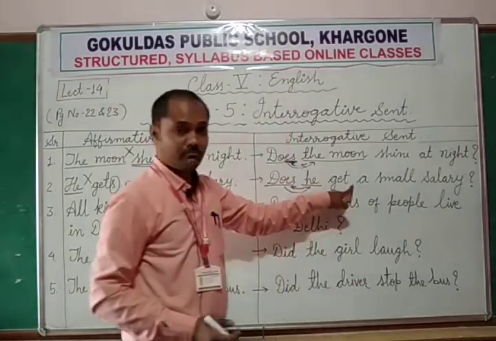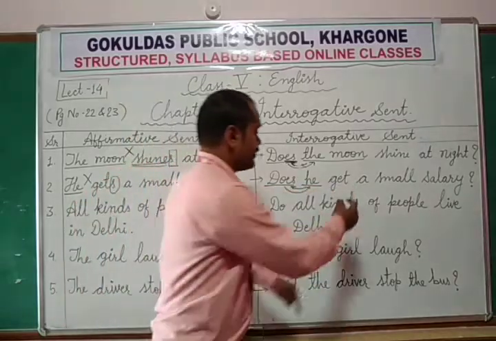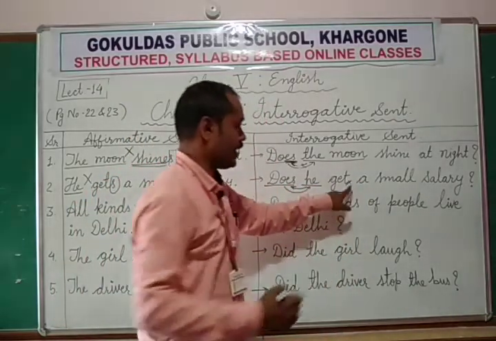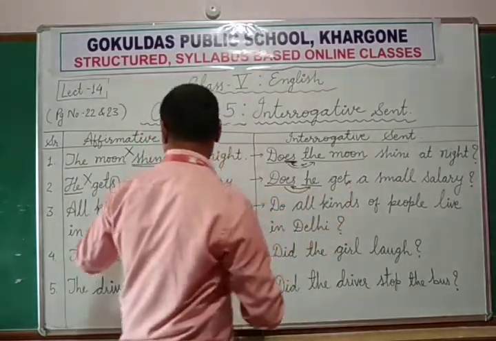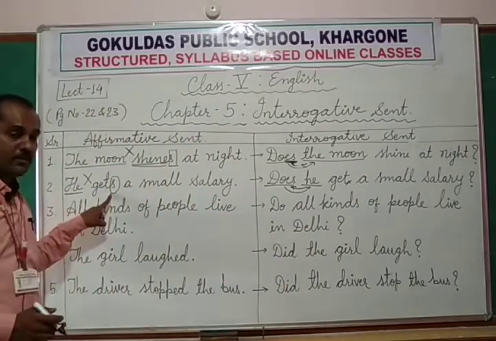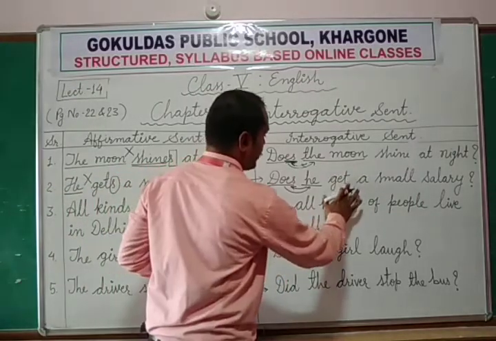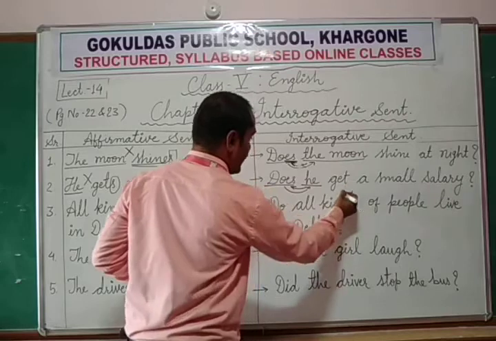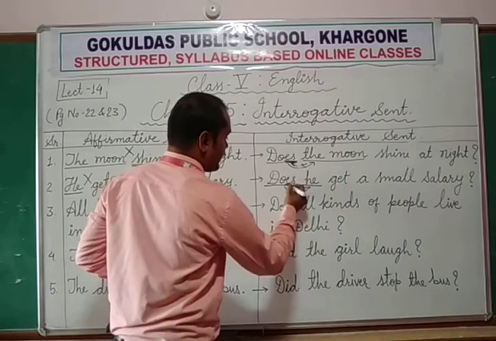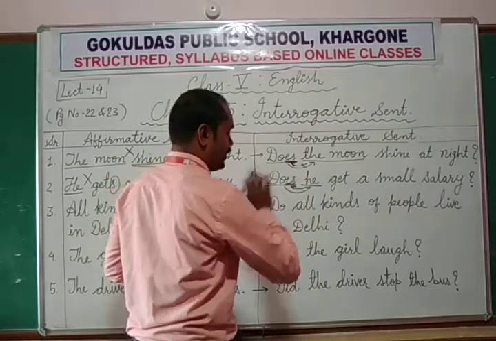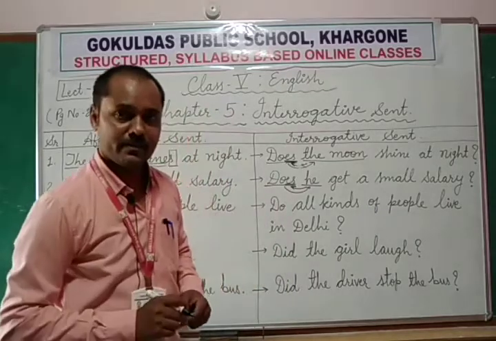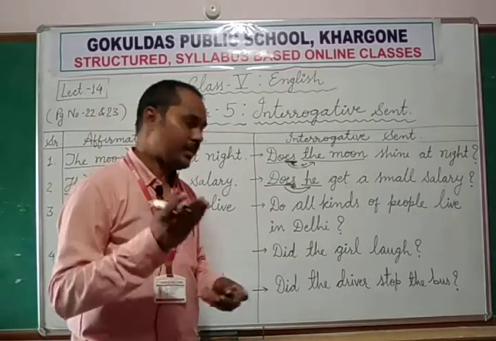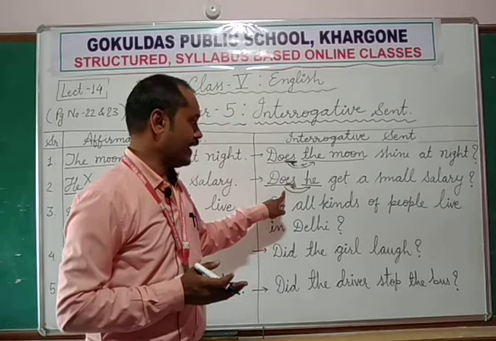Now again s is removed from here. Here s was there, but here we don't write s because this s is added here. Does already has es along with it, so we don't write s here.